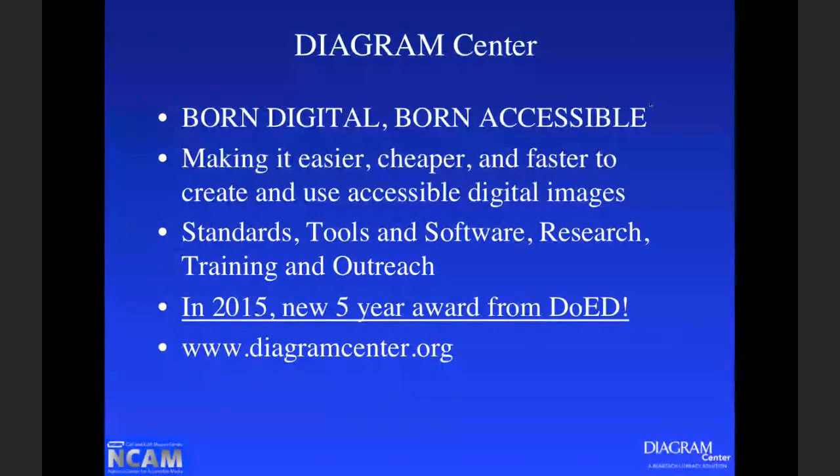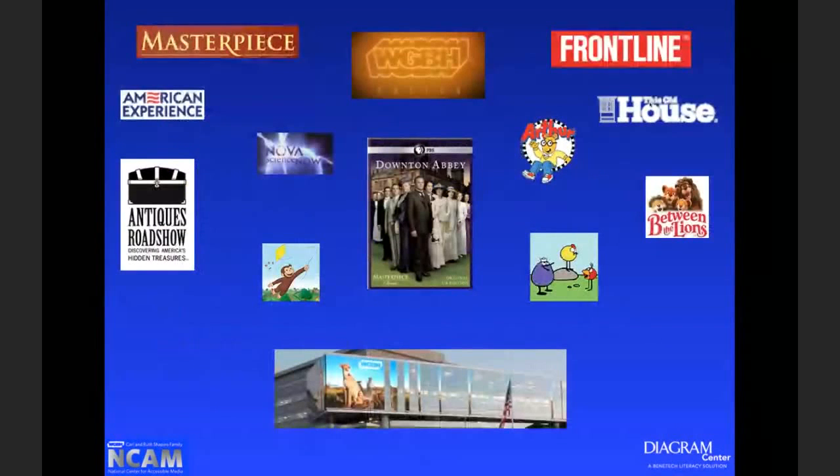And there are, Sue-Ann can correct me, I think there's about 4 million projects currently underway for the Diagram Center. That might be a slight exaggeration, but only slight. And I'm very glad to say that we're wrapping up a 5-year grant. We've just gotten a new award, so the Diagram Center will continue to do this important work for another 5 years, which is really, really exciting.